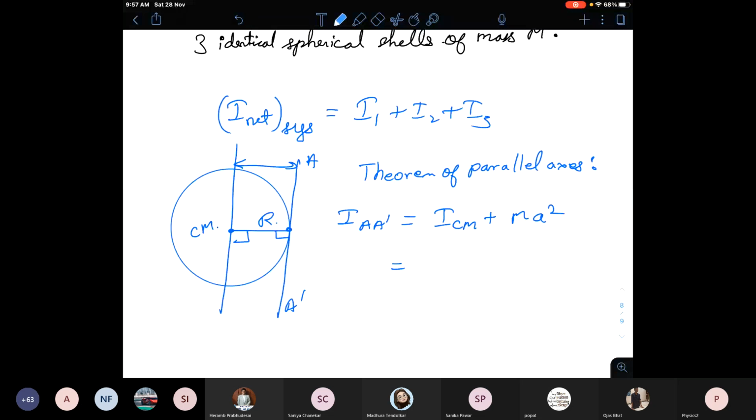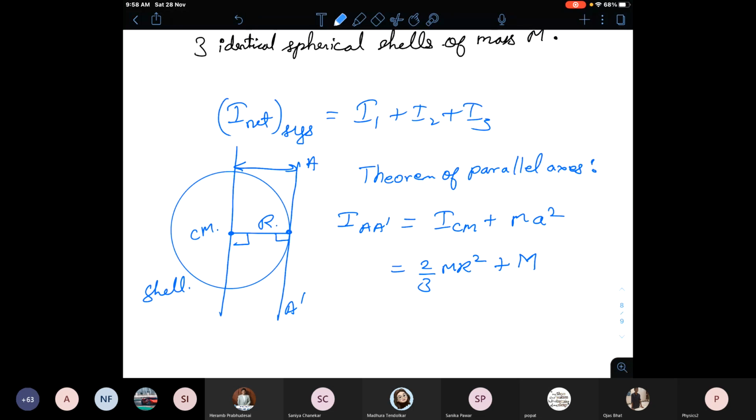So what is ICM? Here it is a shell. I have written in the question that it is an identical spherical shell. So the moment of inertia ICM is 2 by 3 MR square, plus M, the total mass of the shell, times A square. A is the perpendicular distance between the parallel axes, which in this case is R. So it is plus MR square.